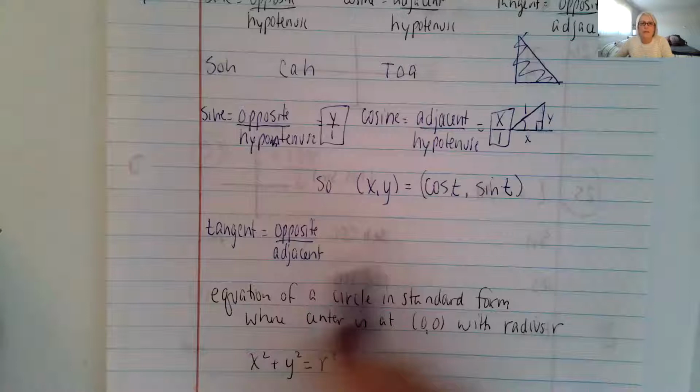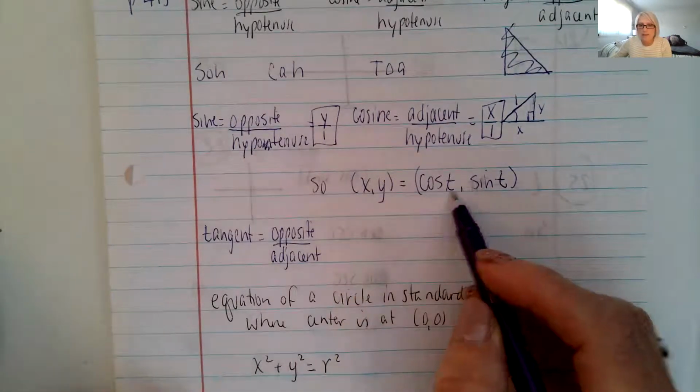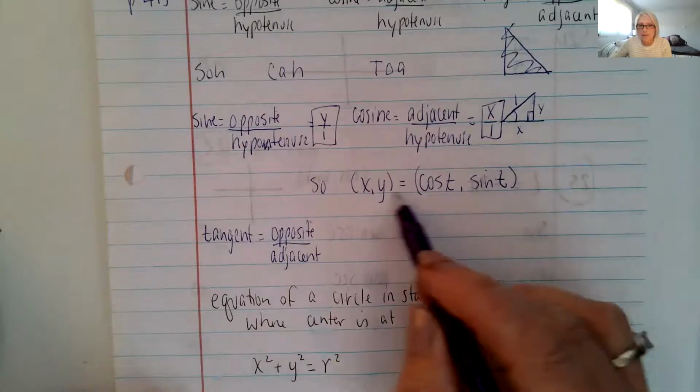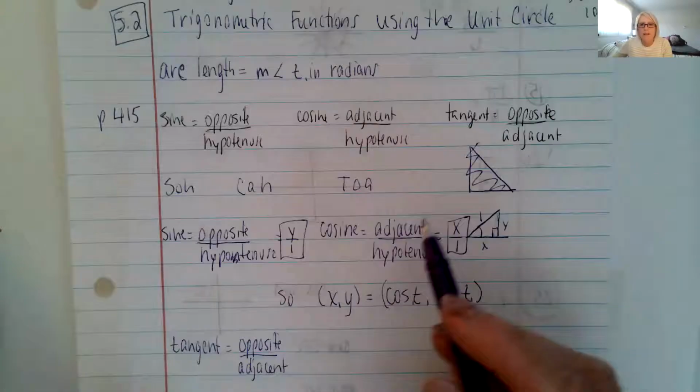Let's try it again. So our x and y coordinates are really our cosine t, comma sine t. So x is going to be your cosine t and y is going to be your sine t.